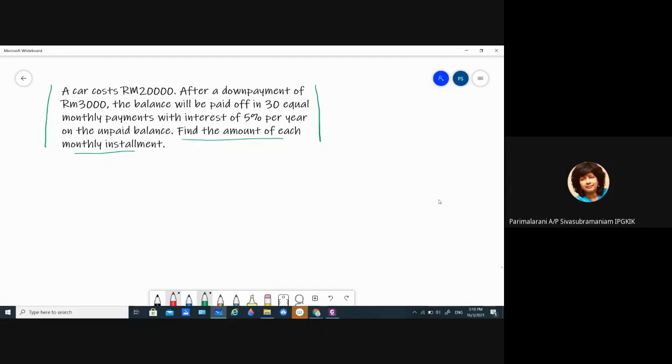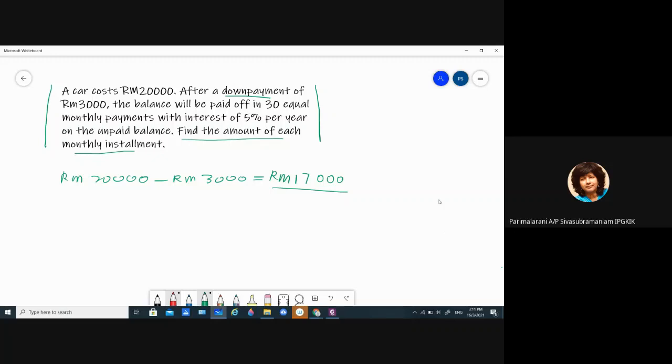The car costs 20,000 ringgit. After a down payment, that means you have paid 3,000, so 20,000 minus 3,000. How much do you have to pay now? The balance is 17,000. So today you must pay 17,000. What value is this 17,000?